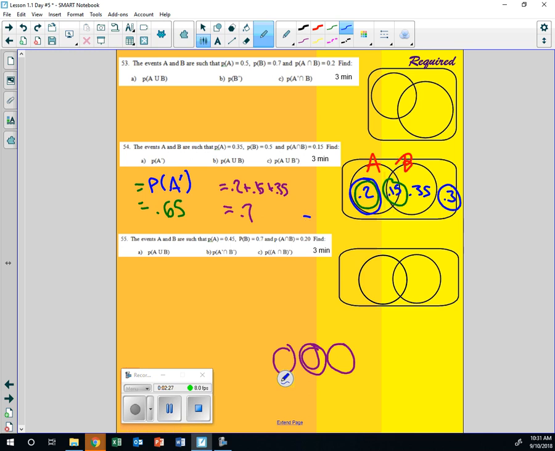So this is going to be 0.2 plus 0.15 plus 0.3, which is going to be 0.65, just like the first one. Is that all right?